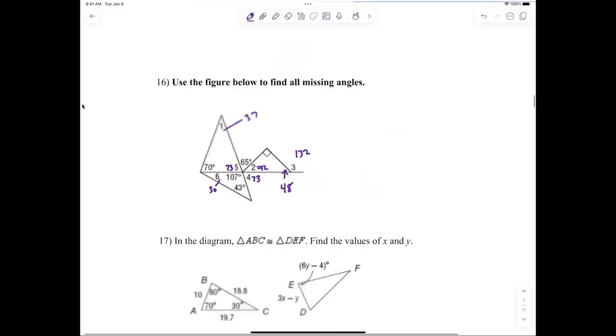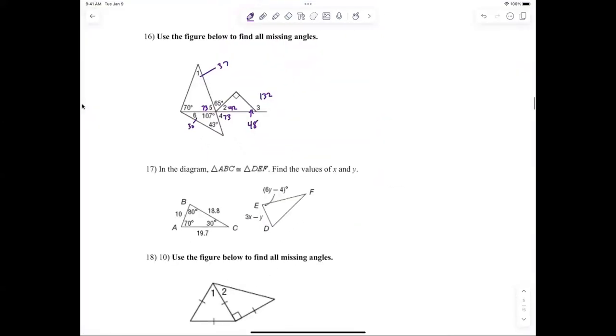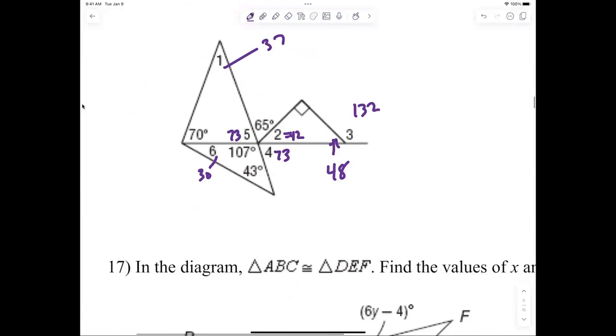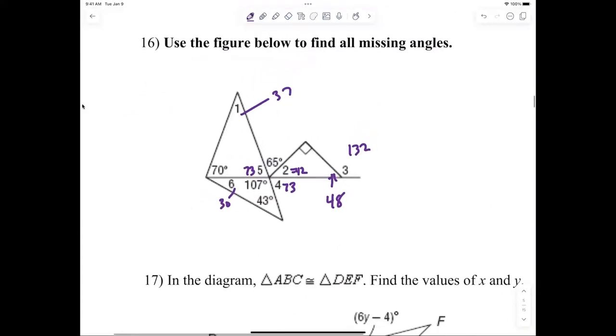All right, here we go. It says you're only doing the numbered angles, but it says do all the missing ones. Yeah, find all the missing angles, even if they're not numbered. They said just name all of them, and I don't know why they left the other ones out. I would have just put, I want you to find all the missing angles.